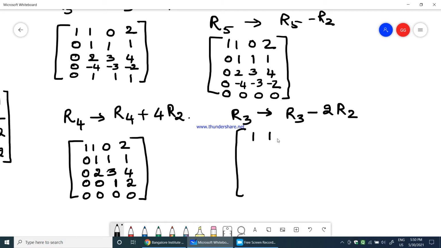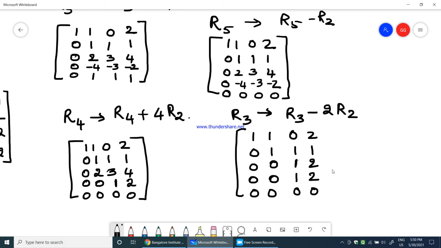I get 1 1 0 2, 0 1 1 1, and then 2 minus 2 is 0, 3 minus 2 times 1, so 3 minus 2 is 1, 4 minus 2 is 2. Therefore, I get here 0 0 1 2 and then 0 0 0 0.